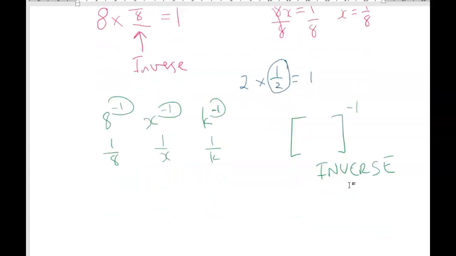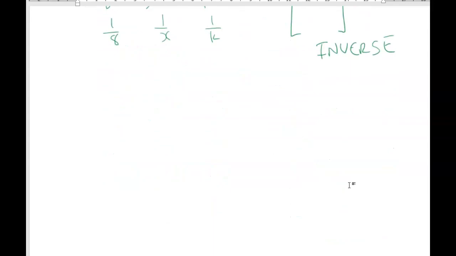Now, why we use it in matrices is because when we multiply a matrix, let's say we had a matrix A. Okay, it doesn't matter what the numbers are for now because we're going to do a few proper examples in a second. And we multiply it by its inverse.